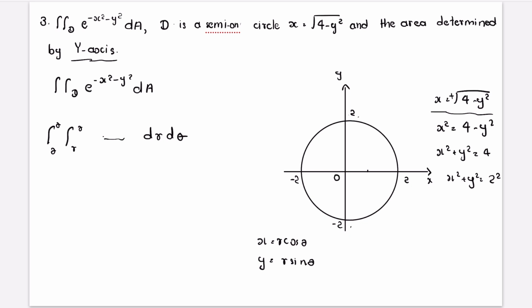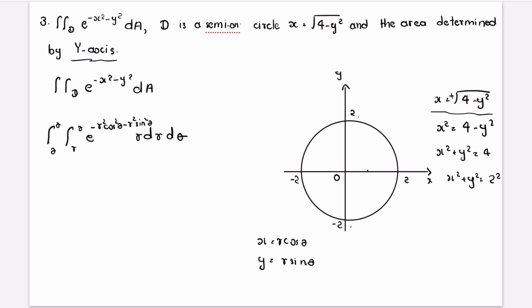The most important thing is there has to be r, because we cannot change dy dx directly into dr d theta, so there has to be r. So it is equal to e power minus r squared cos squared theta minus r squared sin squared theta.